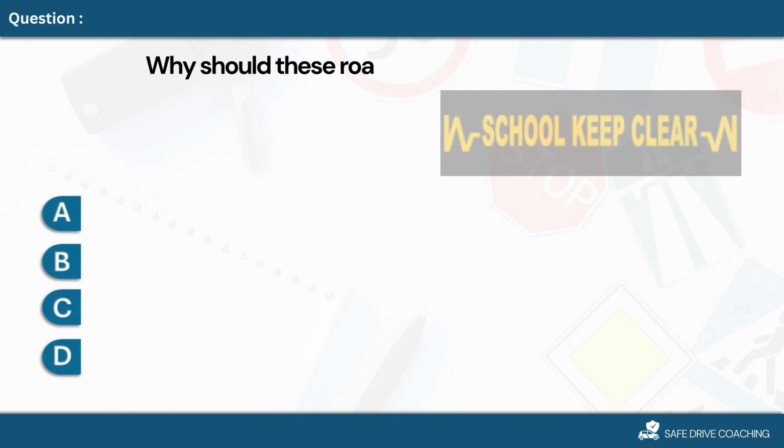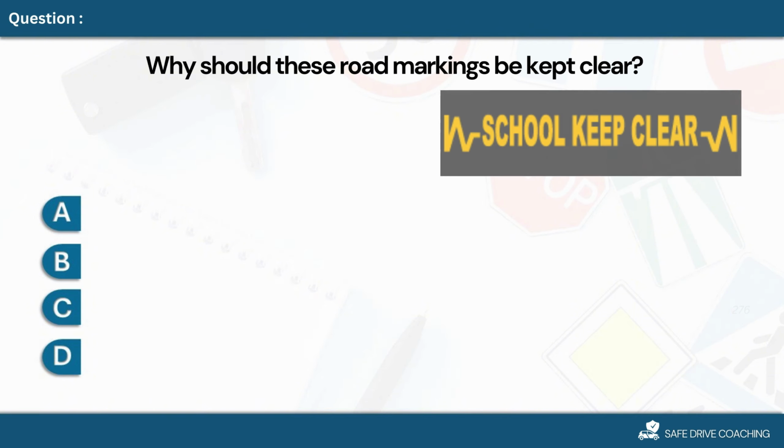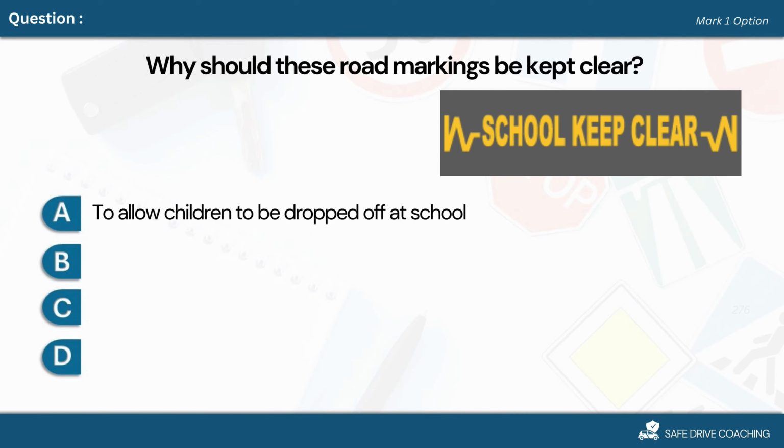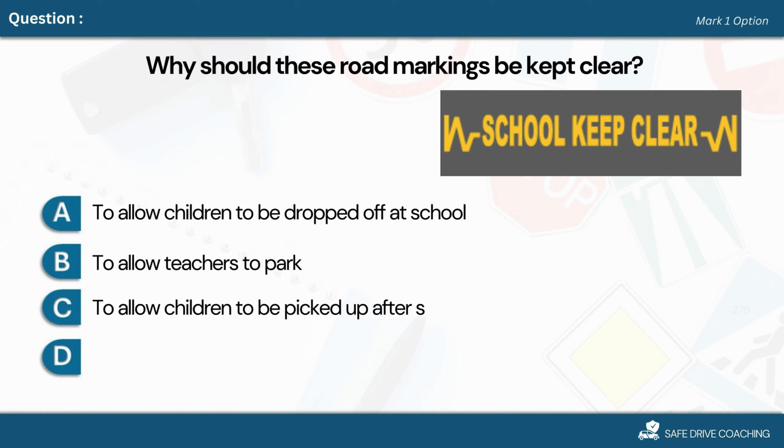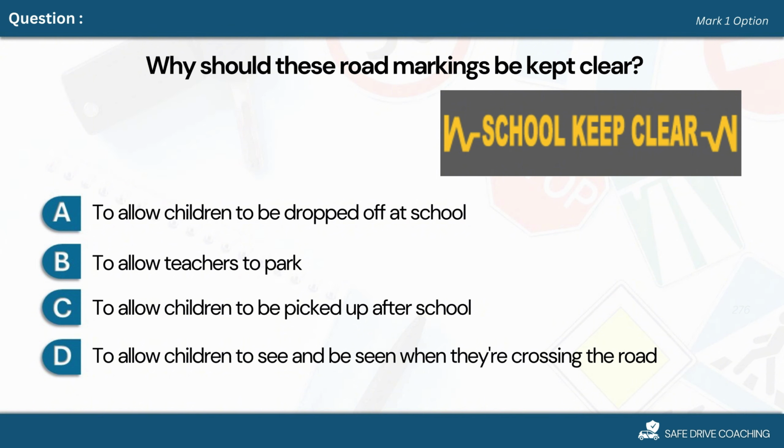Why should these road markings be kept clear? A. To allow children to be dropped off at school. B. To allow teachers to park. C. To allow children to be picked up after school. D. To allow children to see and be seen when they're crossing the road.